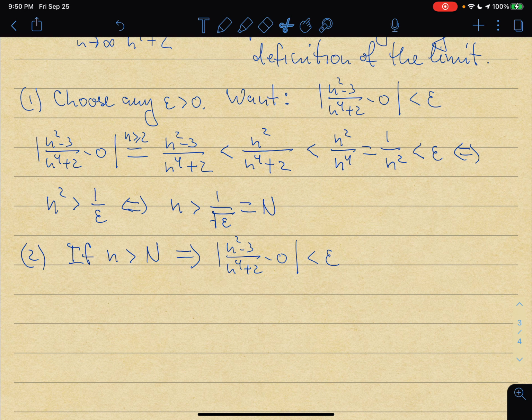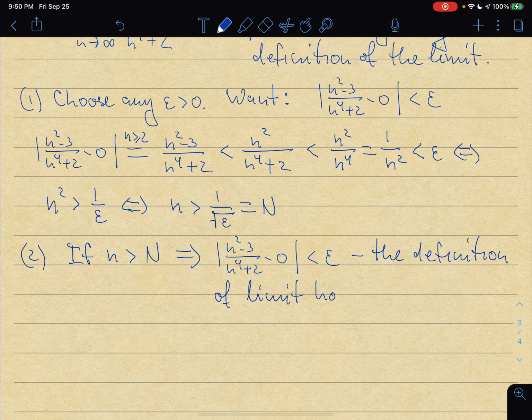And so that means that the definition of limit holds in this case. And so that means that we actually proved that the limit in this situation is equal to 0. Okay, in the next lecture we're going to do more of these examples.